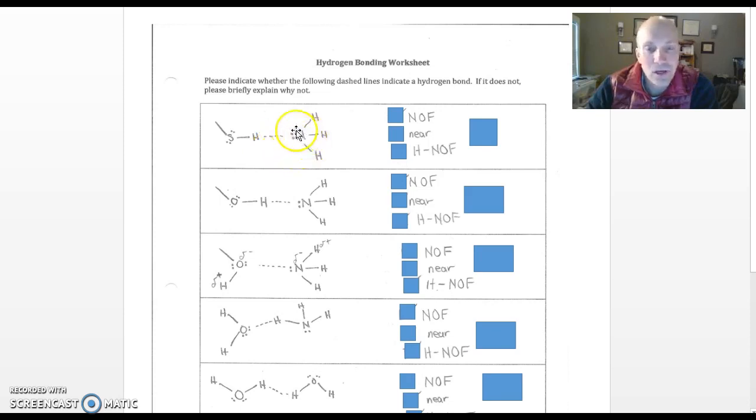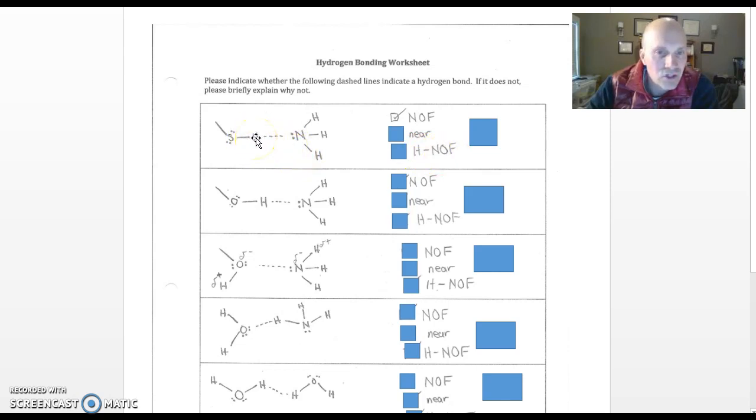This shows a lone pair on a nitrogen, so that would satisfy this part, and we could check that box. So far we could have a hydrogen bond, but the other thing that we need is for it to be near a hydrogen which is covalently bound to a nitrogen, oxygen, or fluorine.